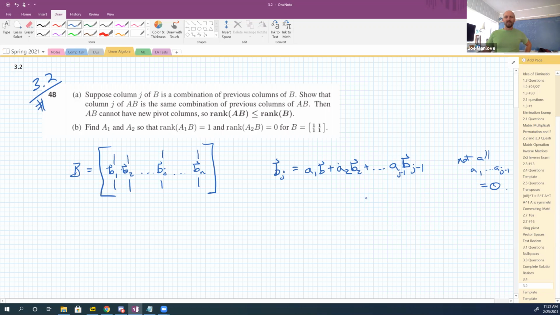I suppose if BJ had a 0 column, then I could think about this as a 0, as a combination of previous columns. Maybe I don't need this. I'm not sure I'm going to use this. You guys with me on that?